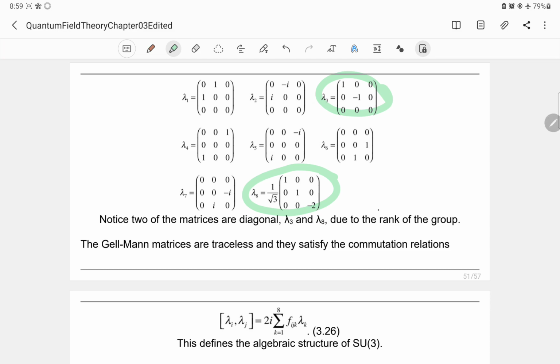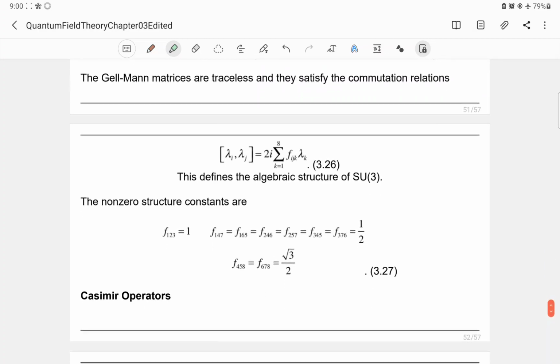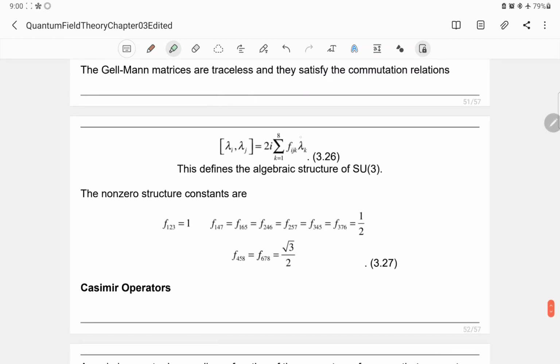And if you notice, all the 8 generators are traceless, and they satisfy the commutation rule, which is just this one here.